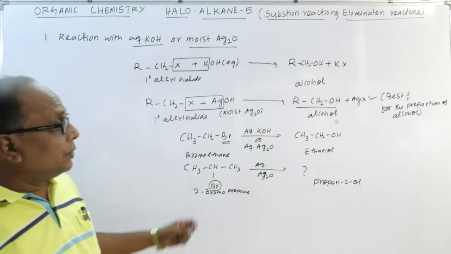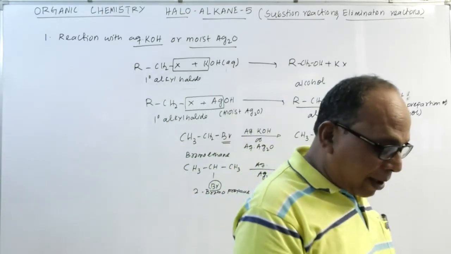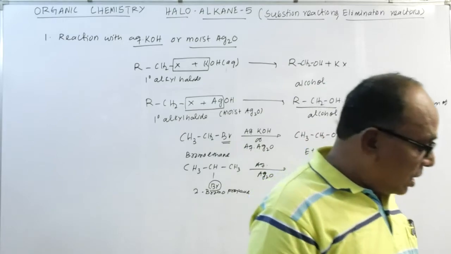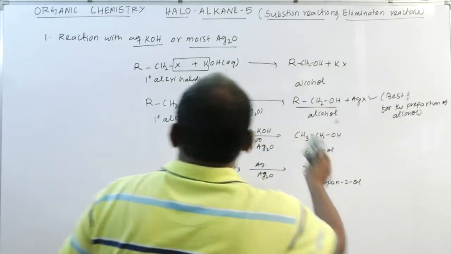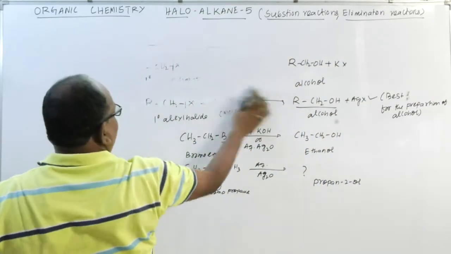Okay, students, you see how the alcohol is prepared from alkyl halide. Now, I give you a question: identify A and B, which you can easily identify now.